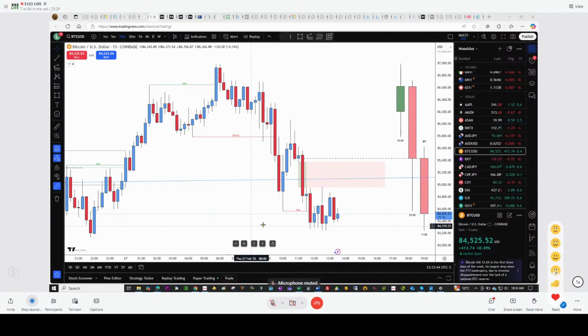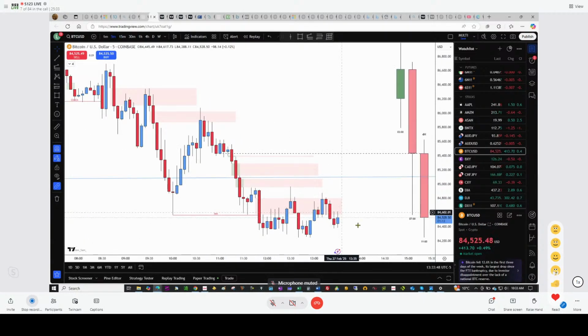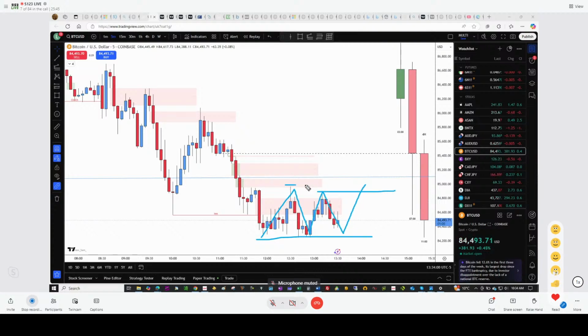That's on the 15. If we go to the 5, it's a very choppy area, so they're flat. It's possible we could get that move back up to take out these guys before they turn it around and come down.